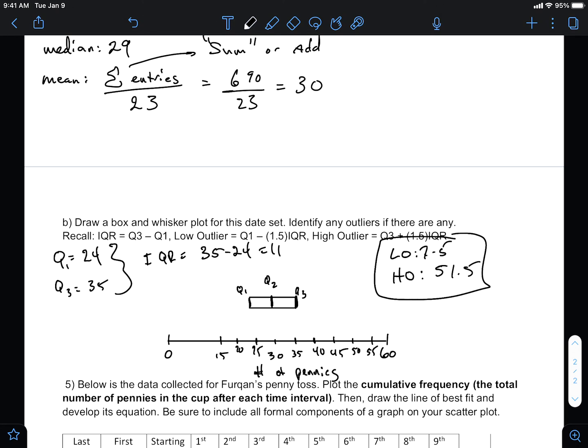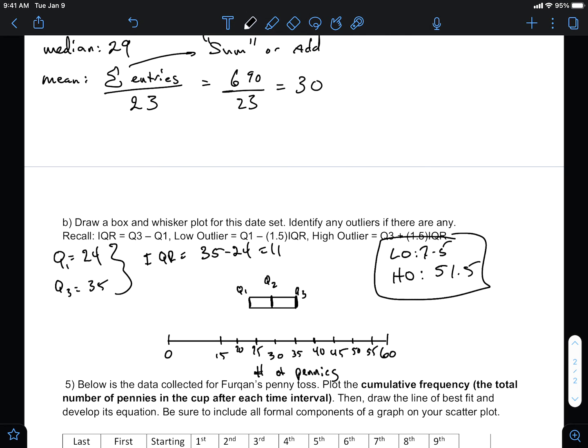Yes, Elizabeth? No, there is not. That's an important question that I think a lot of people are just not paying attention to, and I could very easily give you outliers on the test on Friday, and guess what? You're out of luck because some of you aren't paying attention. So there are no outliers because there's nothing in the data set that's lower than 7.5 or higher than 51.5.